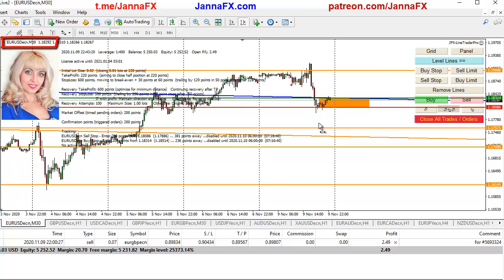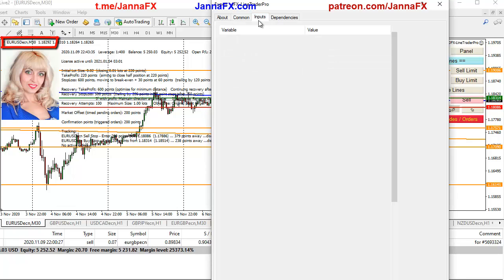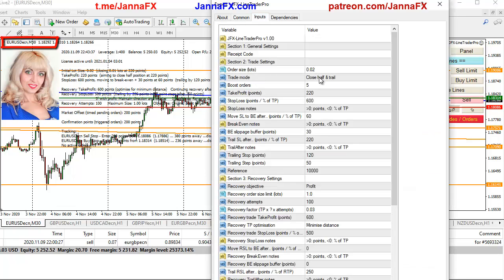So if the European session is at a good time for you in your time zone, you can see if there will be a channel here, so that's where I would have placed my pending orders. And again, I have the settings the same. So small lot, half position close, take profit. I have made a little bit bigger take profit.